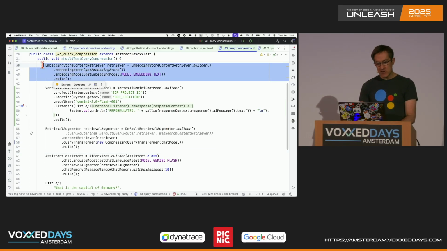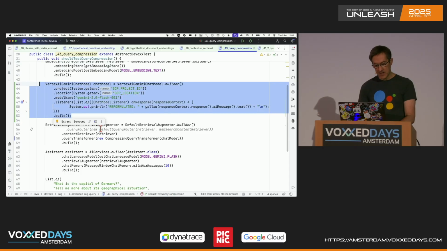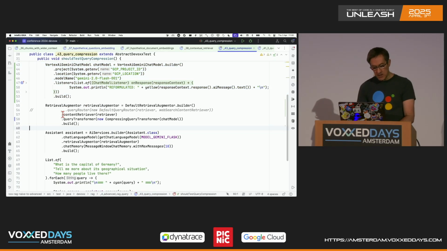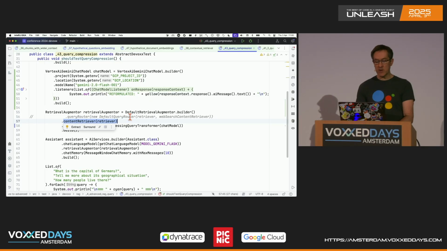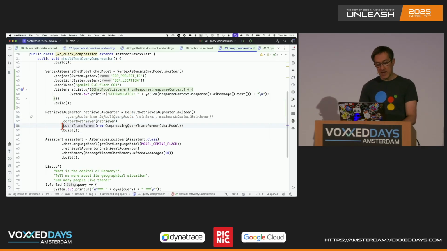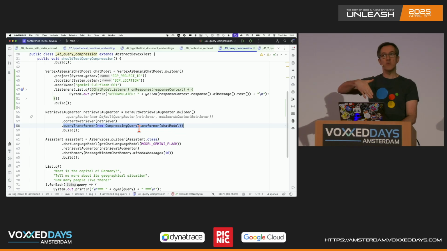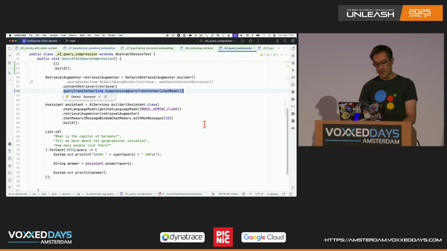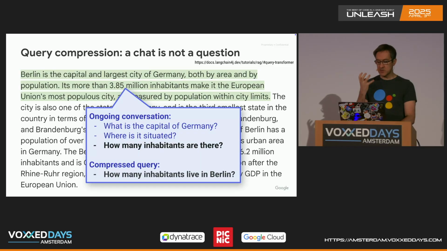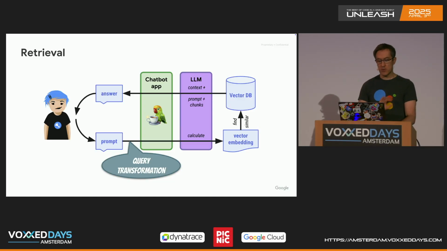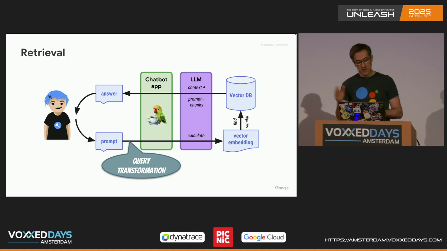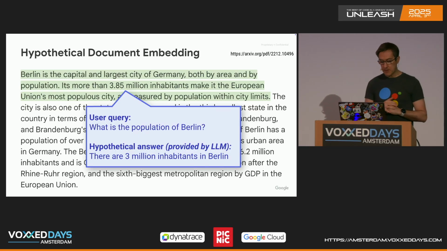So I embedded my content, I have my chat model here, and here I have my content retriever to say, okay, I want to search into my vector database, but I add an extra step, which is here, the query transformer, which transforms the initial question and looks at the dialogue we had, the exchange we had with the chatbot, to reformulate the sentence according to the various questions that were asked before. And that gives good results and a more precise question to search for. So that's a kind of query transformation as well.